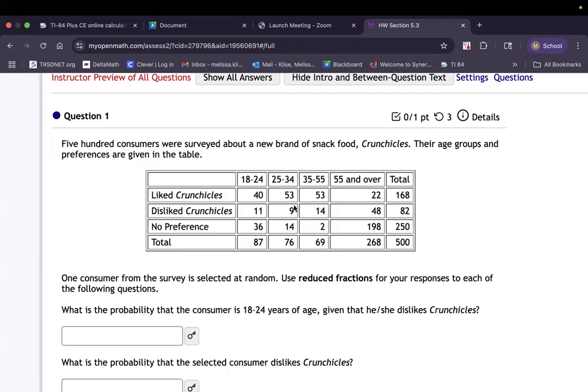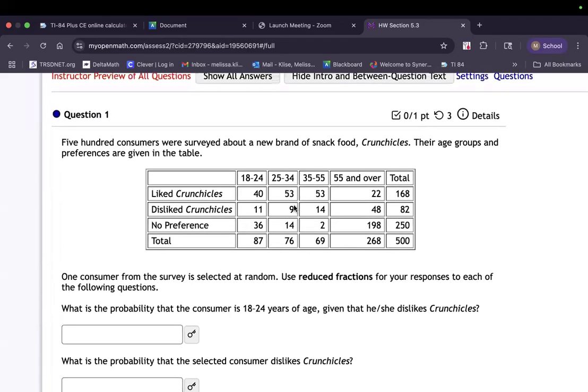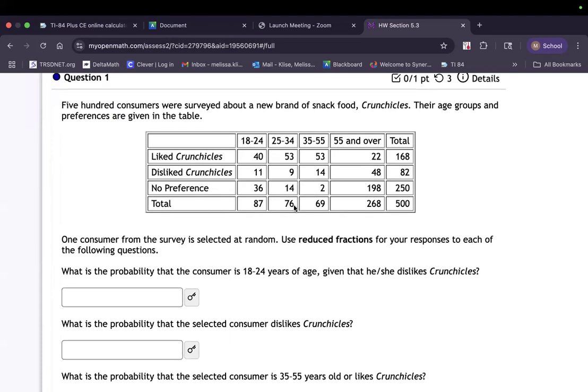Every category has its own, so our total population is 500 down here. We have 268 people that are 55 and over. You have 69 of them that are 35 to 55. And then over here, there's 168 of them that like Crunchicles.